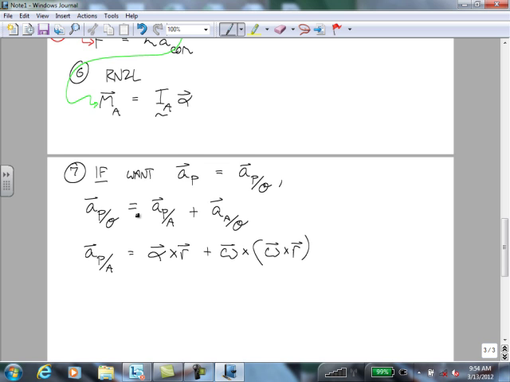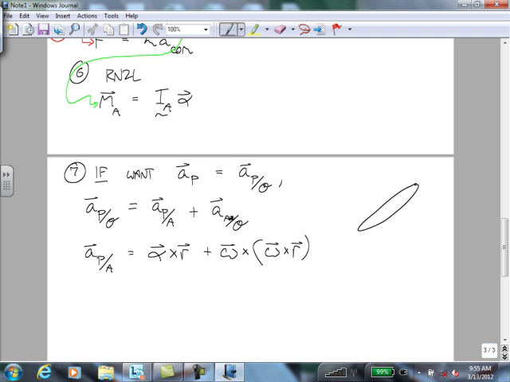50% chance. You're going to need this when the about point is the center of mass, okay? Because if the about point is the fixed point, what's the acceleration of A relative to O? It's zero.